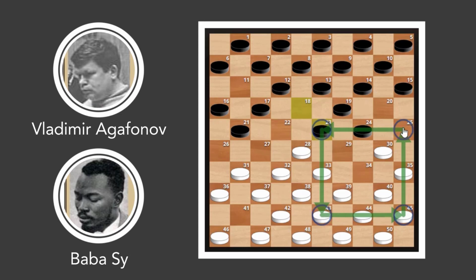So Babasai decided to move to 25 to take control of these vertices. At 25, you can also take control of 34, because at 34 here, we have key positions. We can also take 34 to have control over the 4 key squares we have here. Babasai decided to go for 25, the vertex.